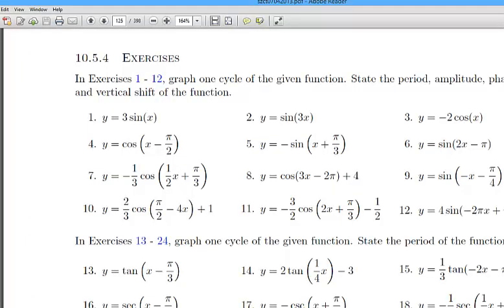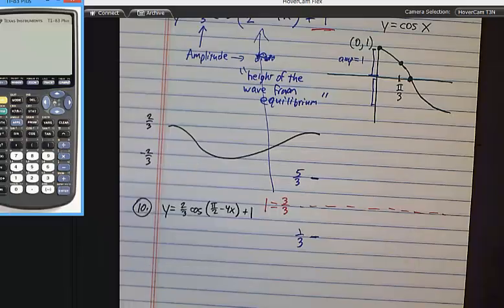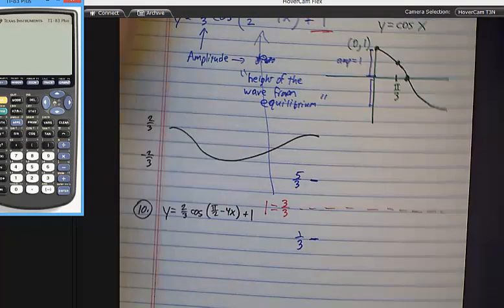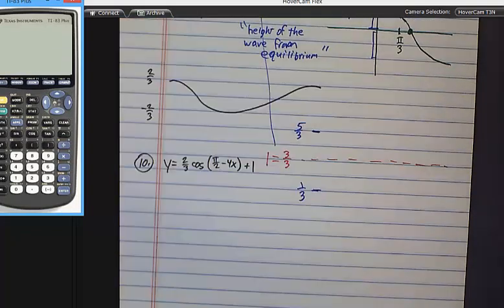When you're doing number 10, the directions state the period, amplitude, phase shift, and vertical shift. I talked about 2 of those last time. We talked about amplitude last time, the height of the wave. And we said that in general, for the basic cosine function, the amplitude is 1.